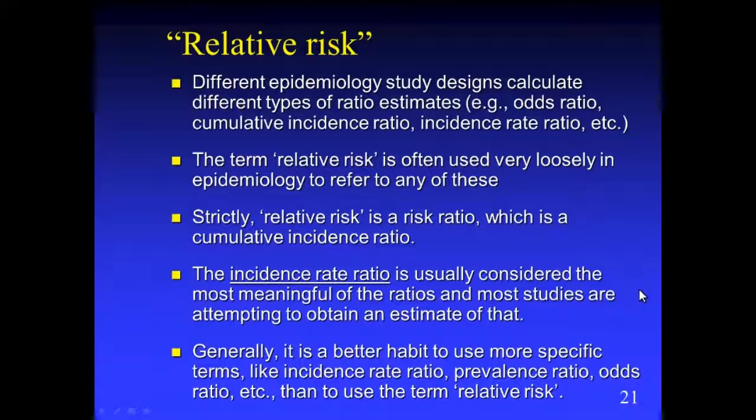All of them really, if they're not exactly an incidence rate ratio, are trying to estimate what the incidence rate ratio would be if we were able to carry out a study to obtain that sort of measure, which we often can't do. So generally speaking, I would encourage you to use the more precise measure, such as prevalence ratio, incidence rate ratio, and so on.